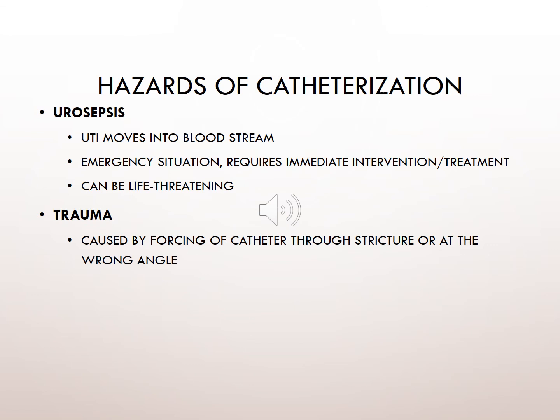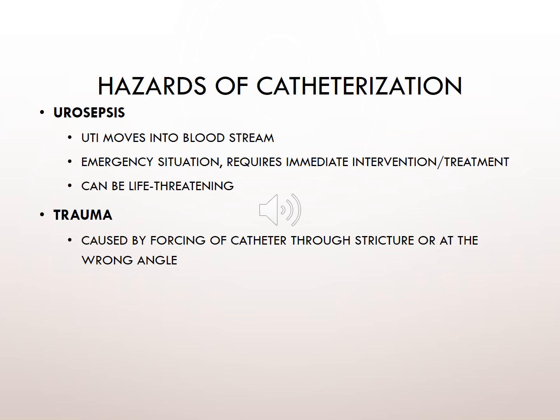This slide is just another reminder of hazards of catheterization. As we've already stressed, indwelling catheters are very prone for patients to have a UTI. A hazard of that can develop if the patient has a UTI. That infection can move to the bloodstream and cause urosepsis.